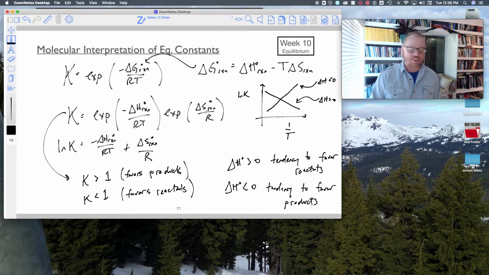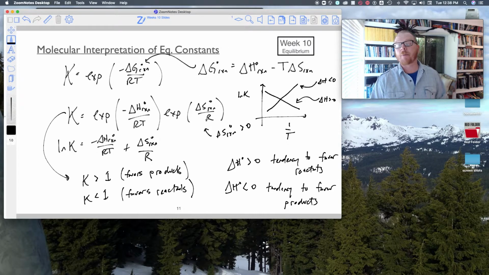And so what we should establish is that for all delta S of reaction greater than 0, in other words, for all spontaneous reactions, will favor products, right? Because if a reaction is spontaneous, its delta S is greater than 0.